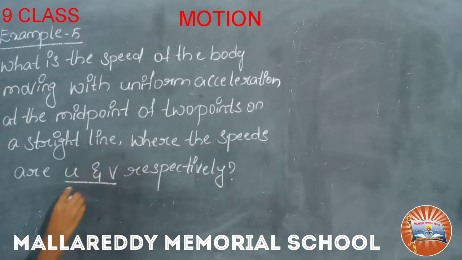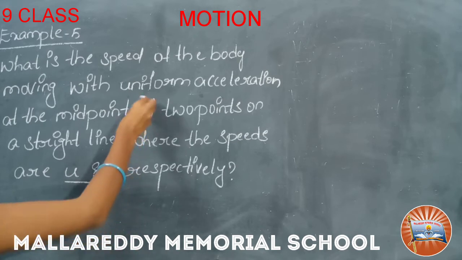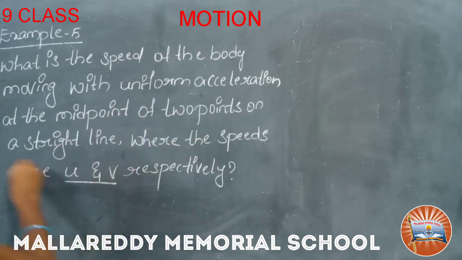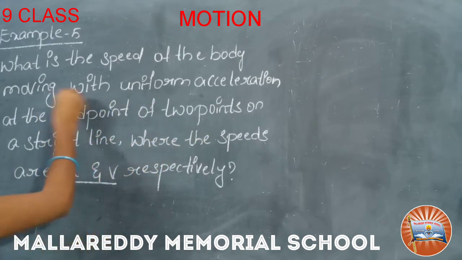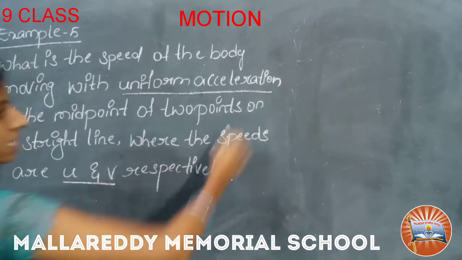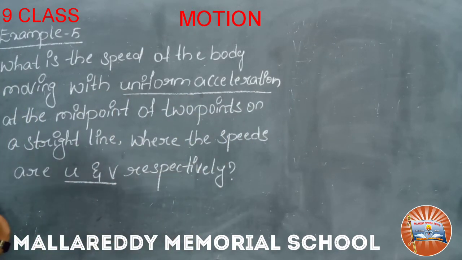So here the two speeds are given, u and v, that means initial and final. So between these two, the midpoint is in a straight line moving with the uniform acceleration. So here they are asking to find the midpoint speed.